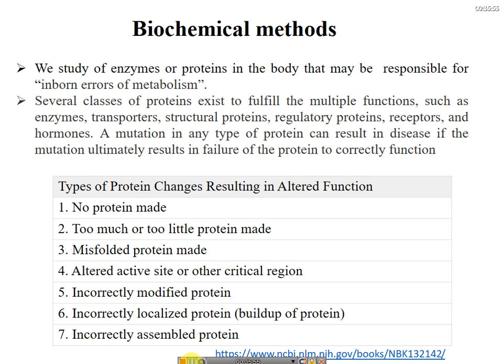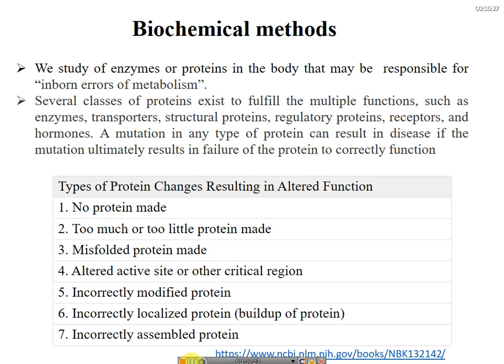So any abnormality that leads to any mutation or any error in the message translation will cause the disease, right? Several classes of proteins exist to fulfill multiple functions. Some are enzymes, some are transporters, some are structural proteins, some are regulatory ones, some are receptors, while some are hormones. So any aberration or any malfunction will destroy the homeostasis and may result in disease manifestation, right?